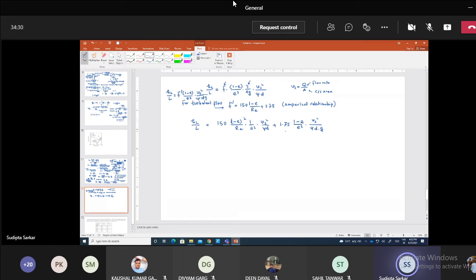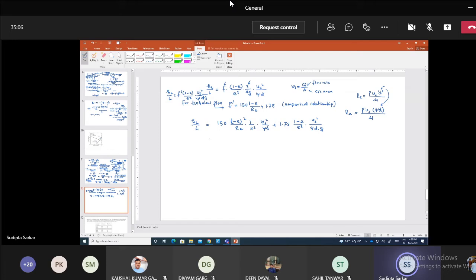Here RE is the Reynolds number, and RE is given by the formula rho Vs into d, and in place of d, write psi d, divided by mu. Normally the formula is rho Vs d divided by mu. Here we are replacing d by an equivalent d, because we introduce the sphericity.